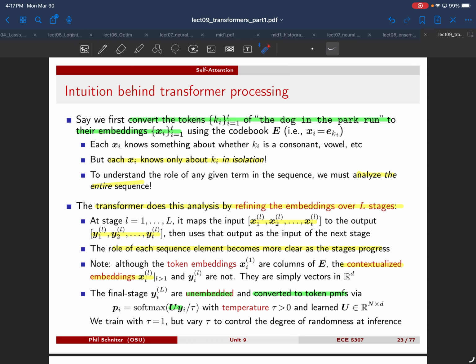So that means you have a lot of probability concentrated only in a few places, which means not a lot of randomness. So you can use this temperature parameter to control how much randomness you want during generation. So this is sort of the high level intuition behind how the transformer processes things. And today we'll get into the details of exactly how it does the processing.